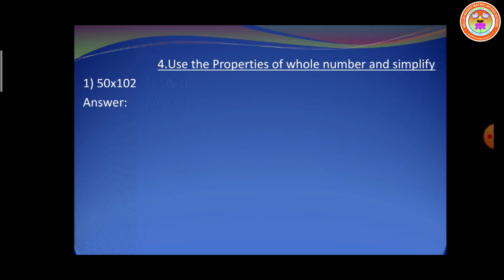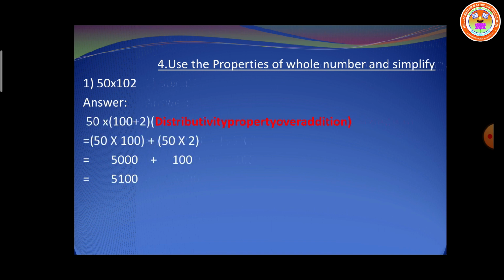See the first problem. Use the properties of whole numbers to simplify the given thing. 50 into 102. How to do this problem? I can expand 102 as 100 plus 2. It is based on the property of distributivity over addition.